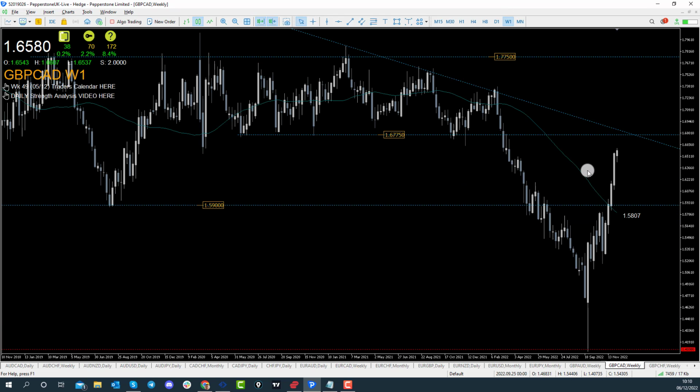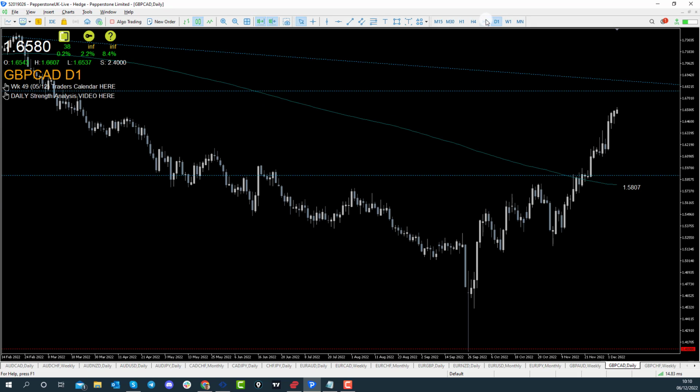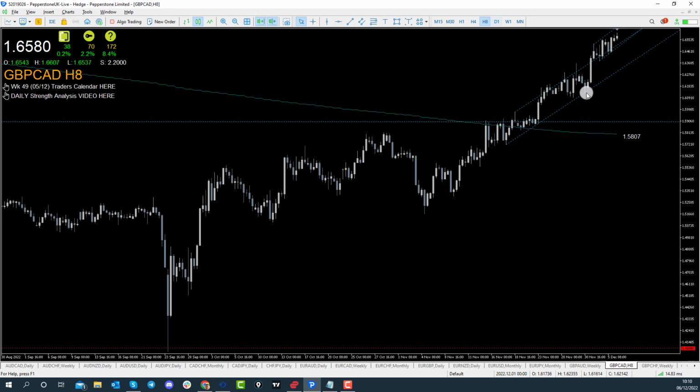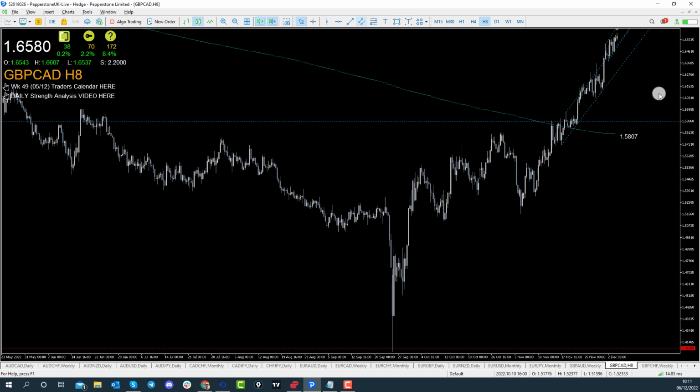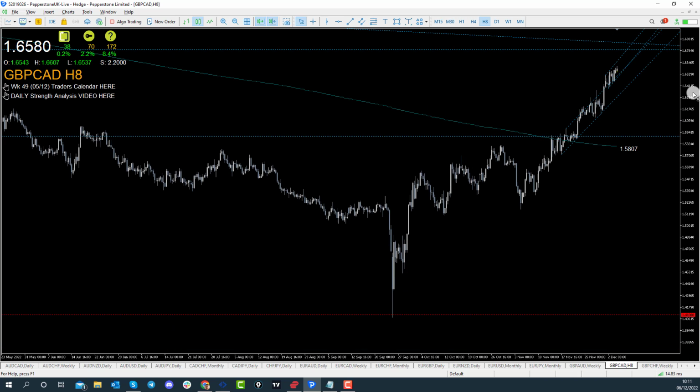Now if we go to the weekly time frame, it's just showing us that in a bit more detail. No real anything else to go off on that weekly. However, if we start moving down the time frames, especially down to our 8-hour and 4-hour time frames, you can see that price has created two bullish channels.